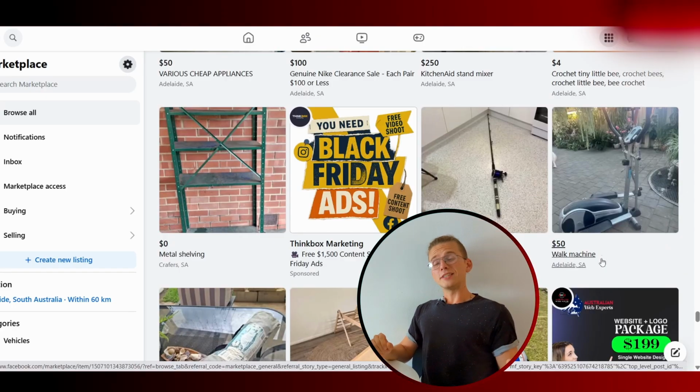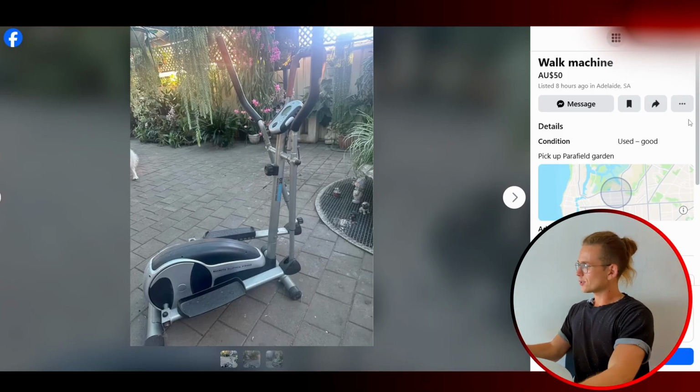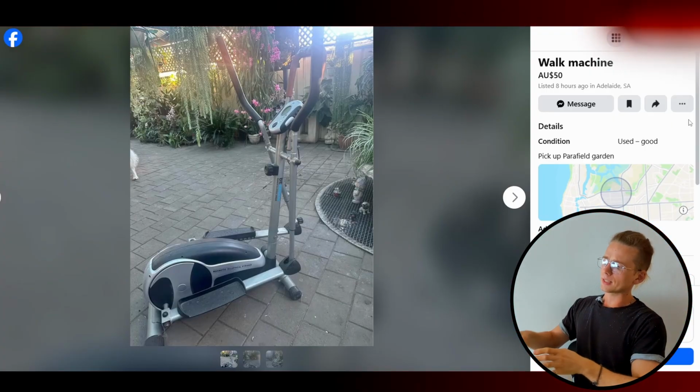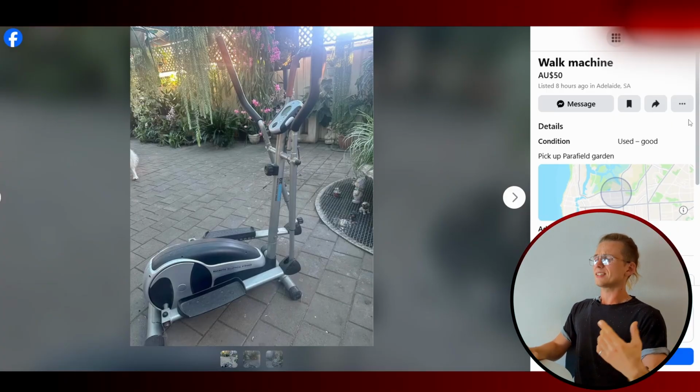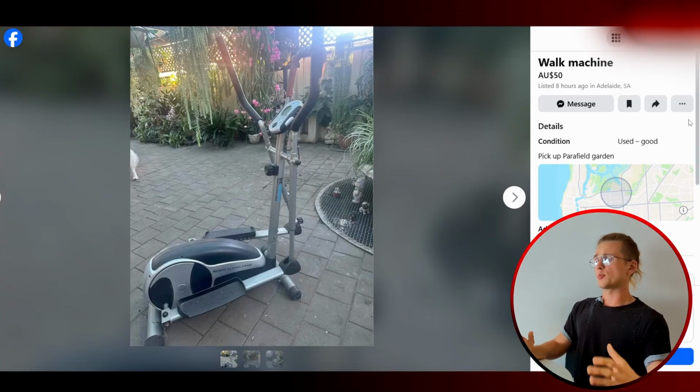Okay, let's look at the listing here of a walk machine. Now, this is what you see on Facebook Marketplace, walk machine. Straight up what we can see here is that the picture was taken outdoors and it's slightly blurry. And you also can't see the whole machine, which is not perfect.